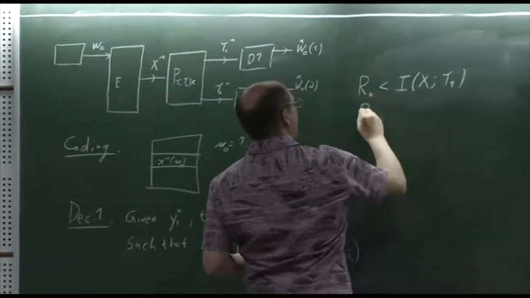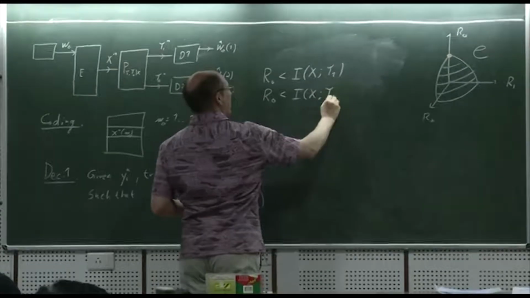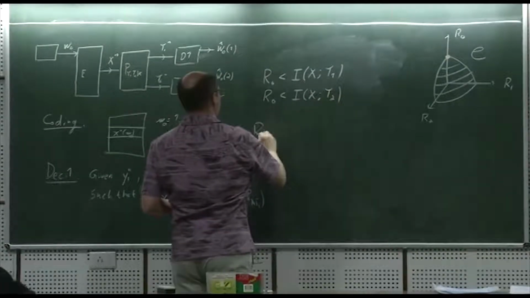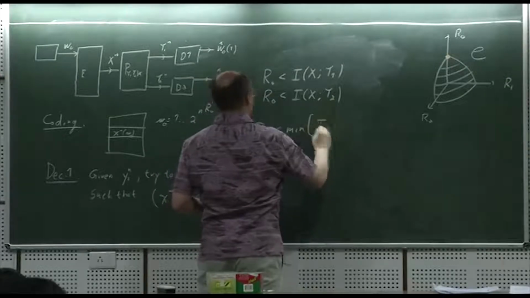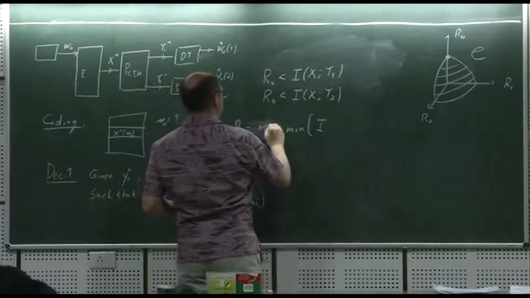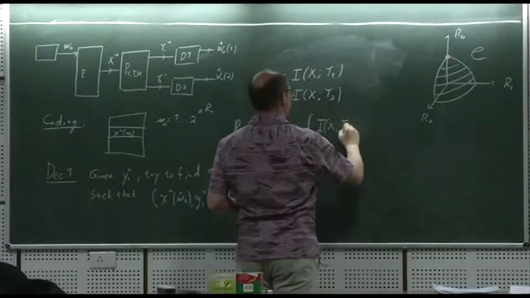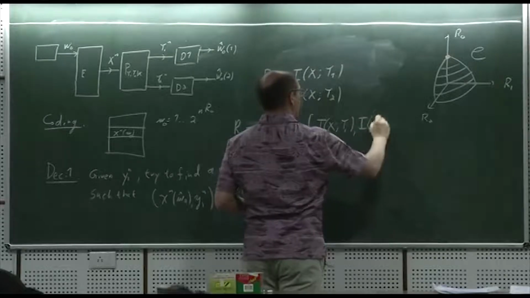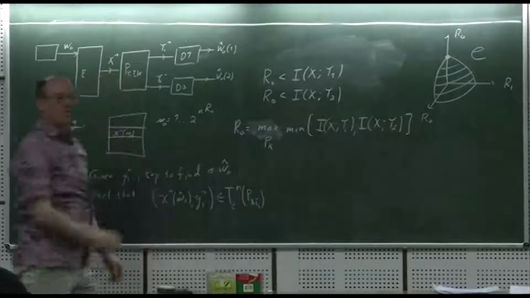Repeating the same arguments, we have this for Y2. So it's natural that we have the following bound, the min of both, and then we can maximize. So R0 less than max over p(x) of min of I(X;Y1), I(X;Y2) is achievable. That one's clearly achievable.